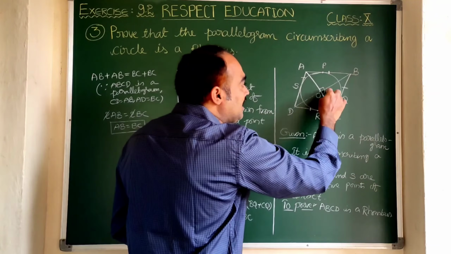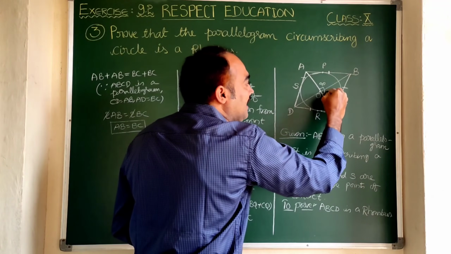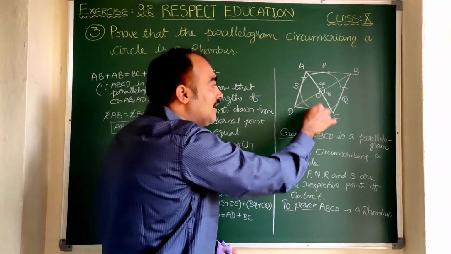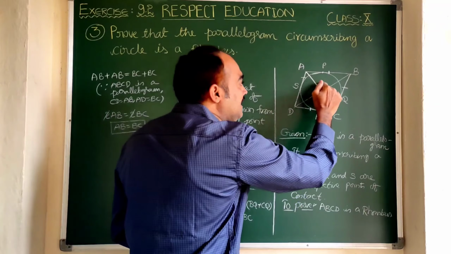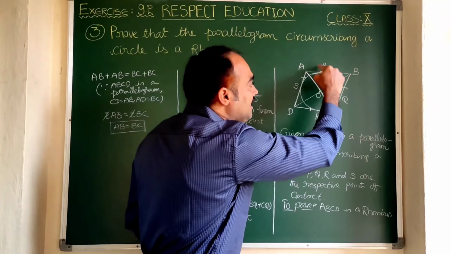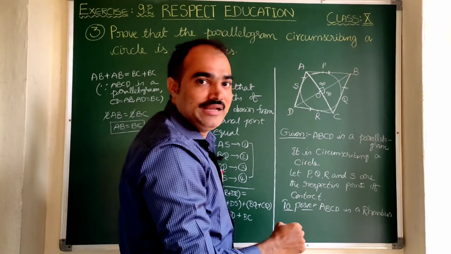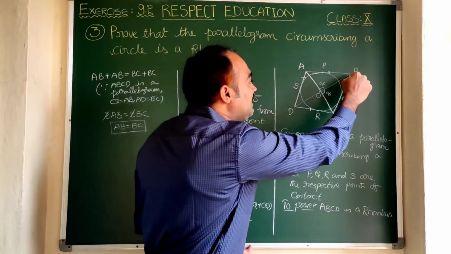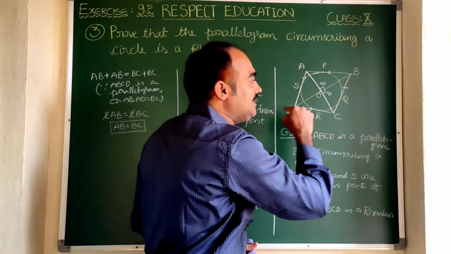When these two angles are equal and that is a straight line, that is 180, so each angle is 90 and 90. They are equal and they form 180, they form a linear pair. So this is 90, this is 90. You observe carefully that all the sides are equal and diagonals are bisecting each other at 90 degrees. Isn't it sufficient to say ABCD is a rhombus? Definitely. So here we can say ABCD is a rhombus.